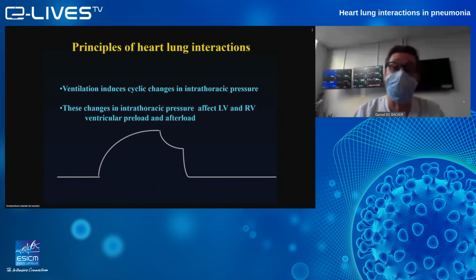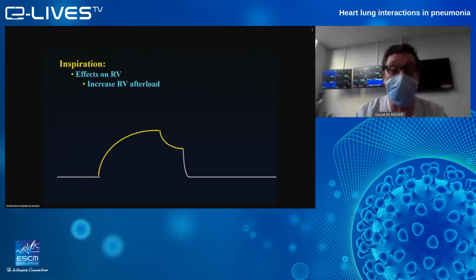So the principle is that, of course, ventilation will induce cyclic changes in intrathoracic pressure, and that these changes will affect, again, the left ventricle, the right ventricle, preload and afterload of these ventricles. So during inspiration, there is an increase in the right ventricle afterload.